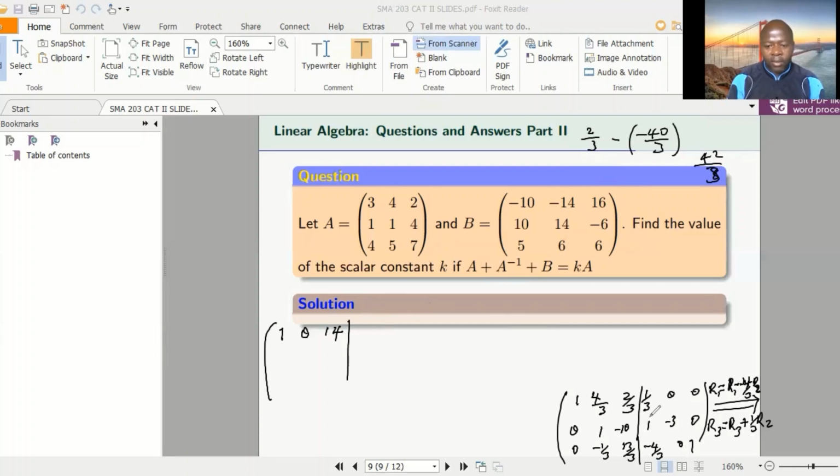Now this times 4 out of 3 is part of the subtract from that. So what you have is a third minus 4 out of 3, which is -1. And then this when 4 out of 3 would be 4.